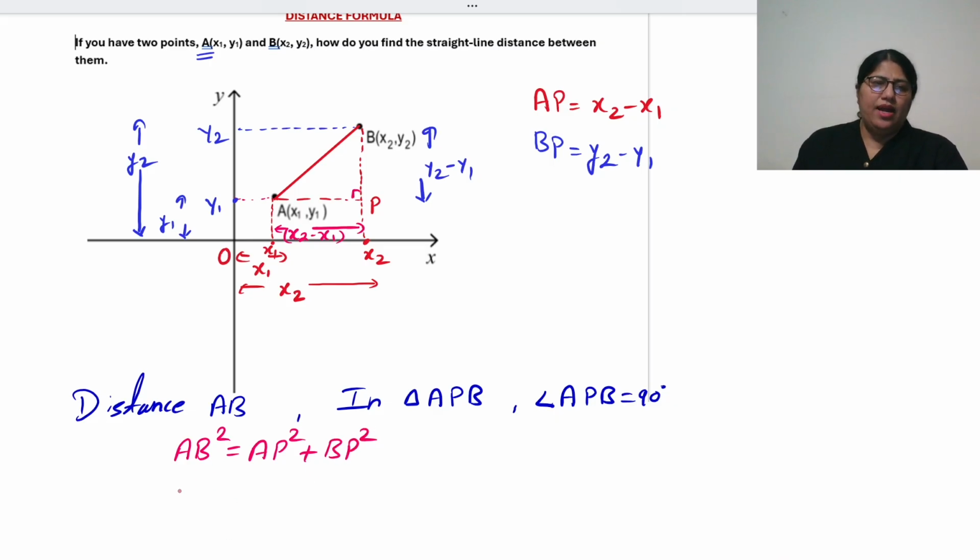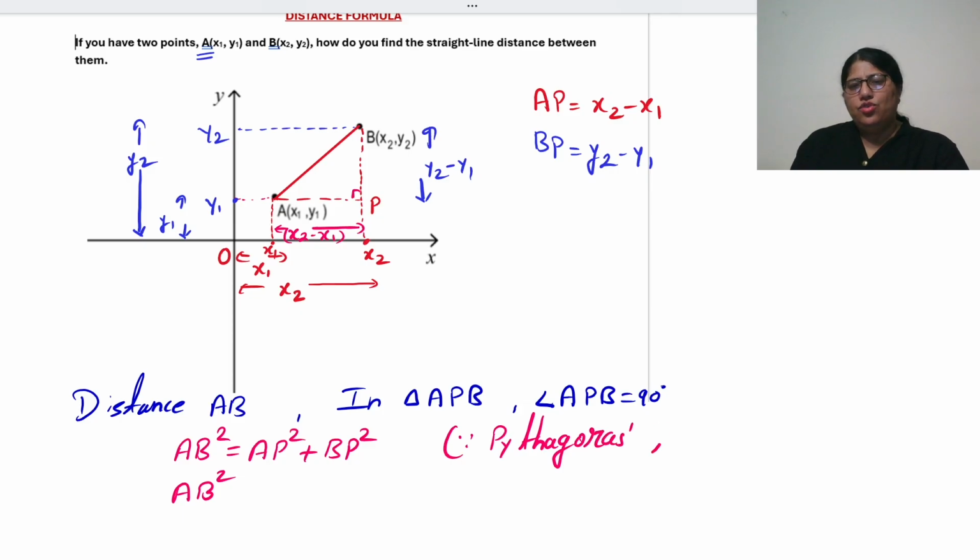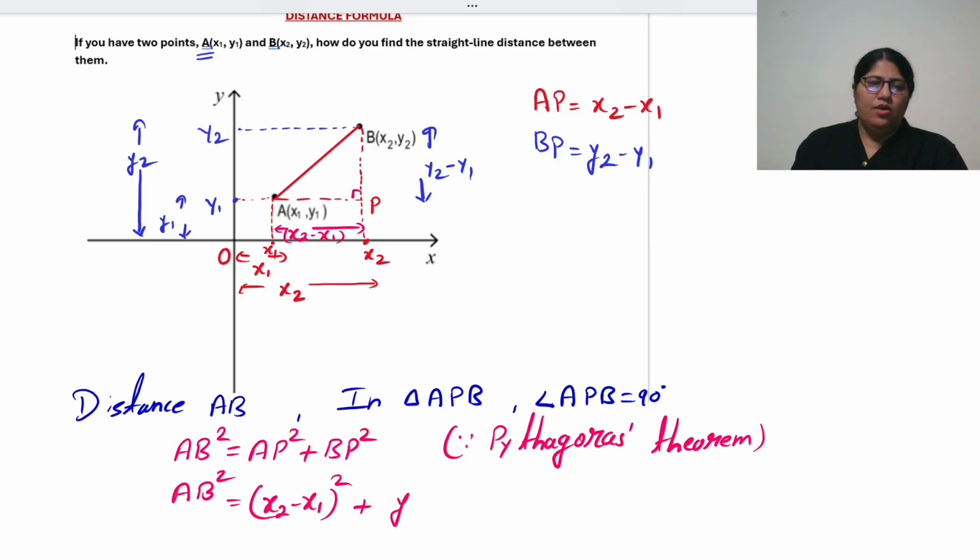Now substitute the values. I need the length of AP, and this is using Pythagoras theorem. Generally, you don't get the derivation of this formula, but you should know how we are getting it, because sometimes in case study or application based questions they give it to you, right? So what is the length of AP we have taken? x2 minus x1 whole square, and BP length is y2 minus y1 whole square.